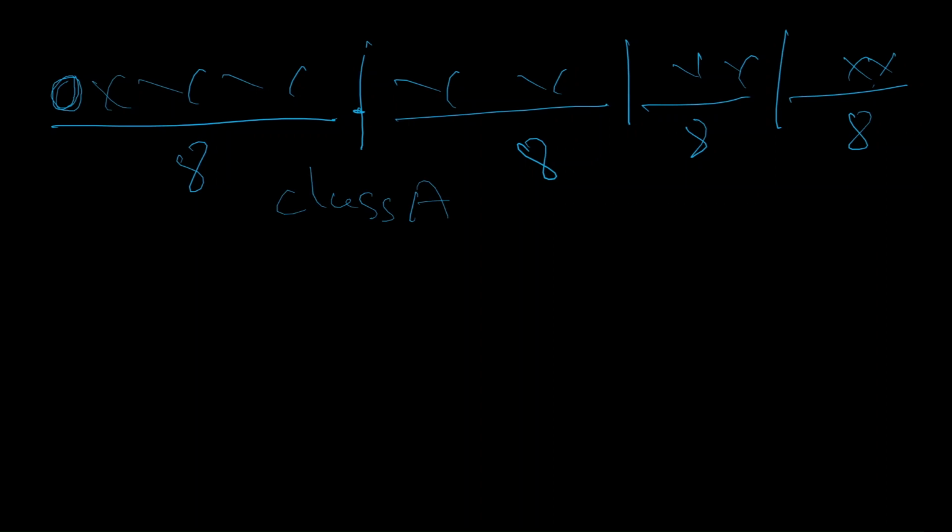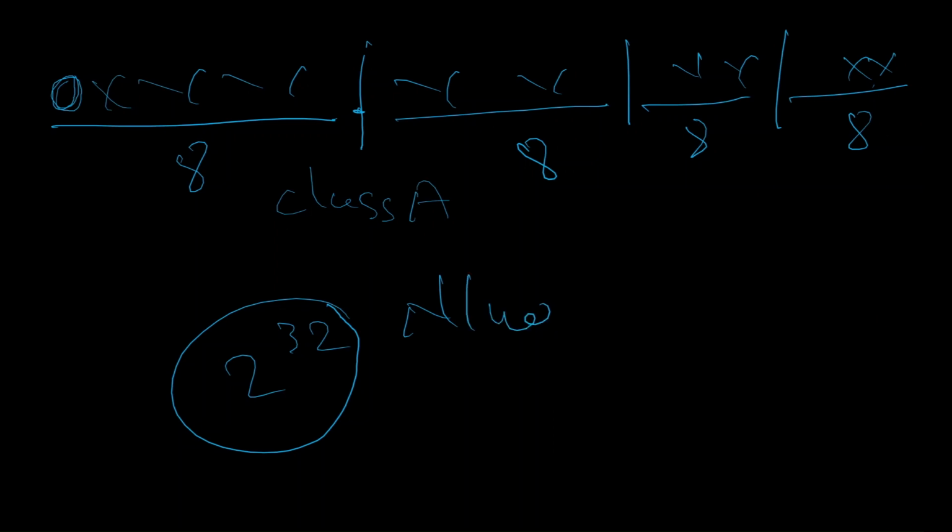Actually, these 2 power 32 IP addresses are divided into some networks, and we are not sure how many IPs to give to each network. Based on the usage, we need to give it. If a big company wants IP addresses, their demand will be huge.